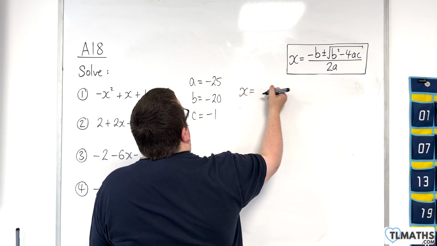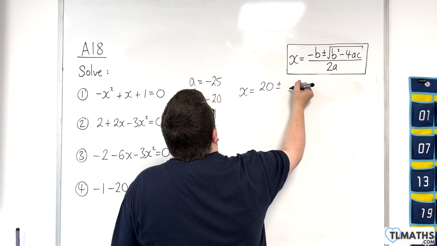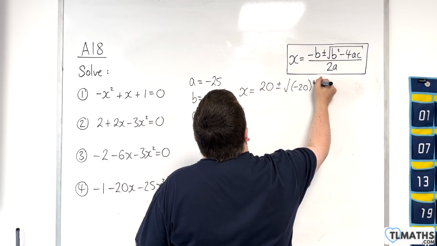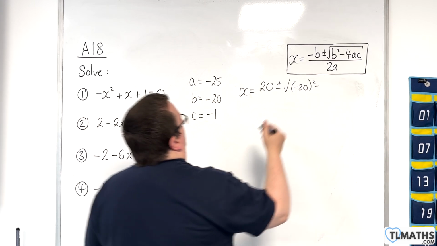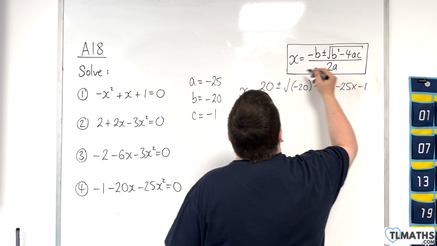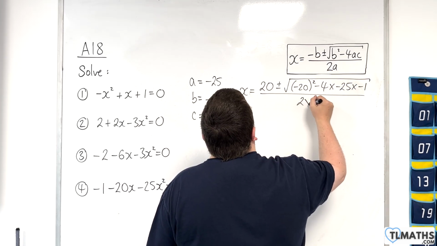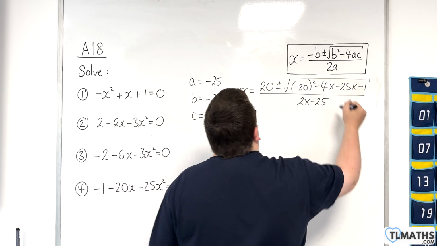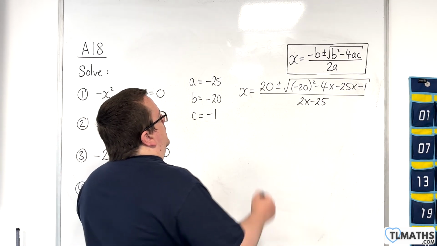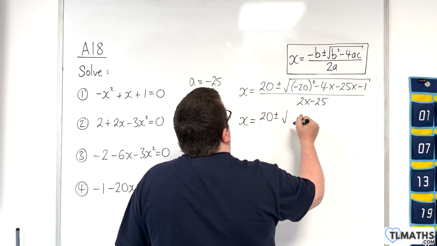So x is equal to minus b, so minus 20 is positive 20, plus or minus the square root of b squared, so minus 20 squared, take away 4 times minus 25 times minus 1. All over 2a. So 2 lots of minus 25. Okay, so we have x is equal to 20 plus or minus the square root of.